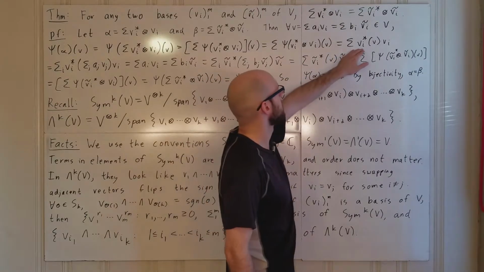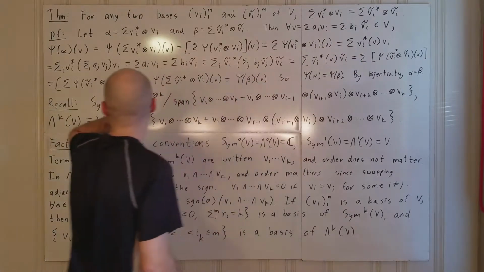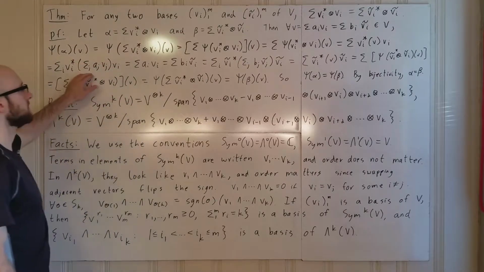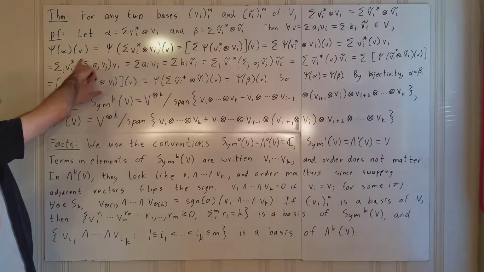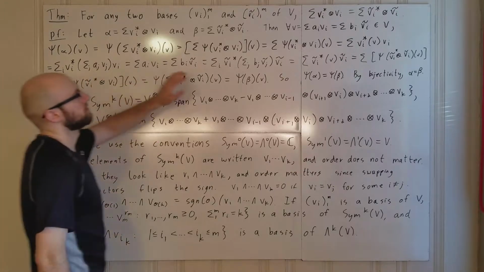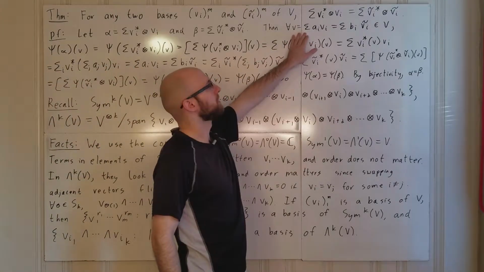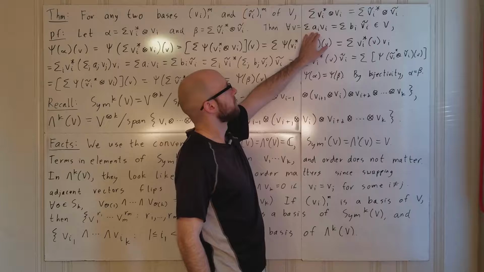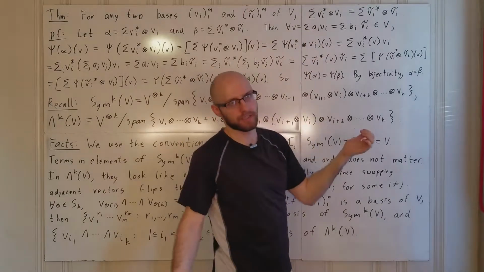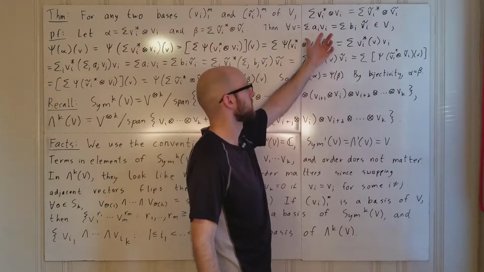And then of course you just use the definition of psi here, and then you replace v. So v here is just some arbitrary element, but we can write it as the sum of a_i v_i, where the a_i's are some scalars, and we can do that since the v_i's are a basis.